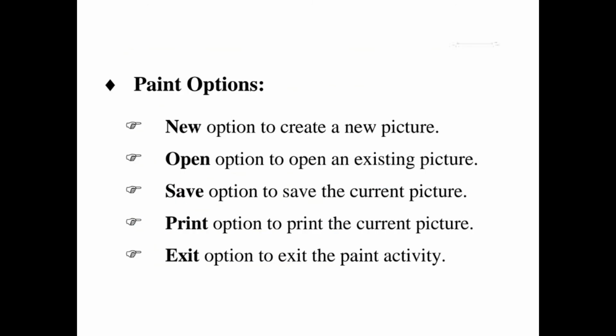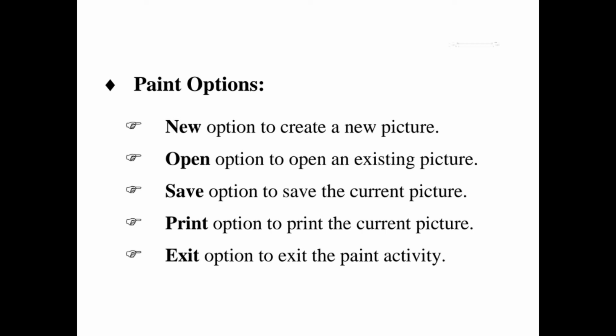There are several options in the paint program which are used for different things. Let us see them one by one. First one, the new option. The new option is used to create a new paint document.